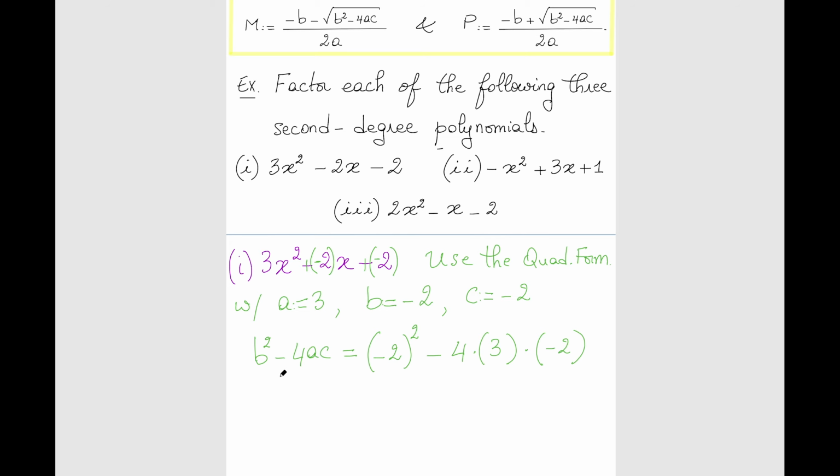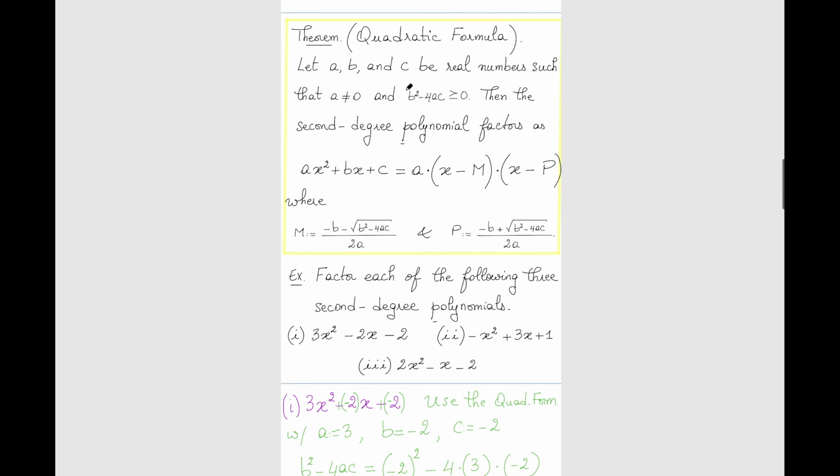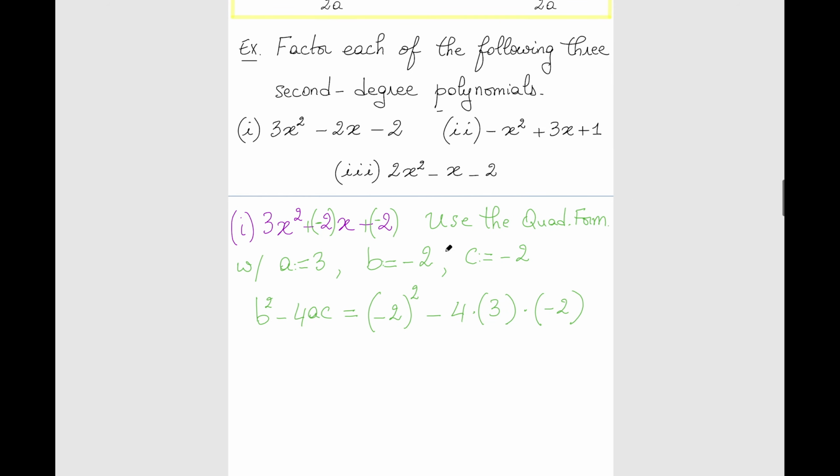To apply the quadratic formula, I would like b squared minus 4ac not to be negative. So I'm checking that. b squared minus 4ac is the square of -2, minus 4 times a, so 3, times the c, which is -2.